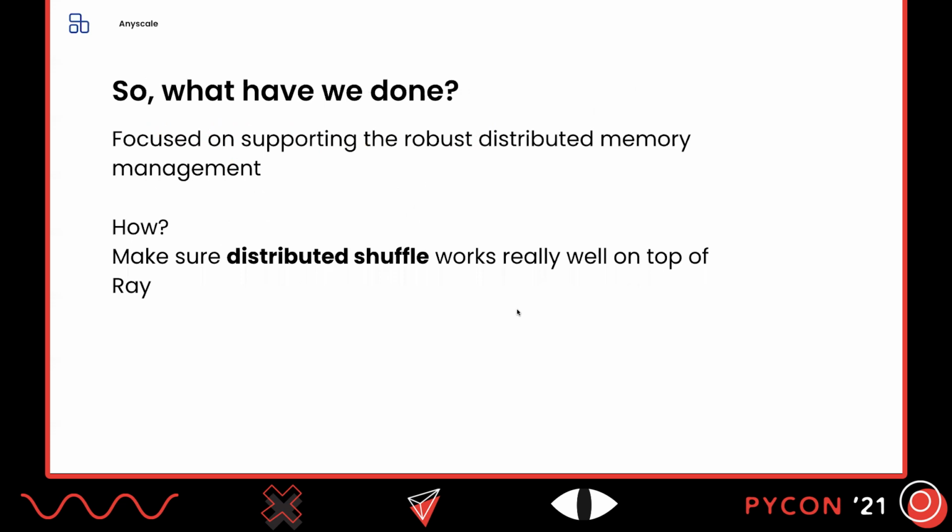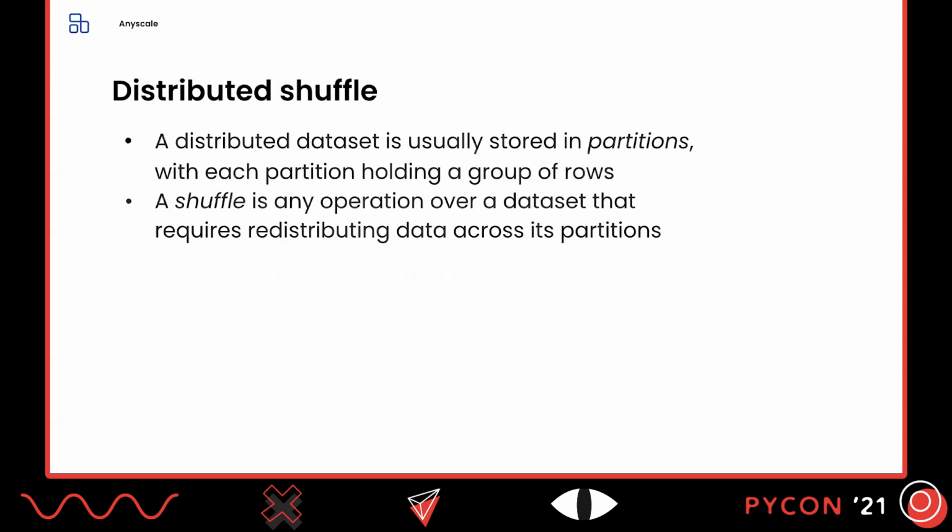To make sure Ray supports data processing, we wanted to make sure it has robust distributed memory management. Then I'm going to explain how we actually achieved it from now on. So firstly, what we try to do is to make sure distributed shuffle works really well on top of Ray. Before we dive into what we've done, let me explain what distributed shuffle is.